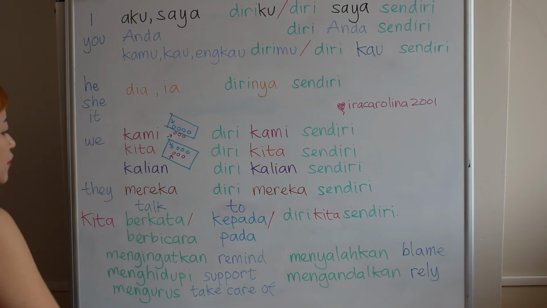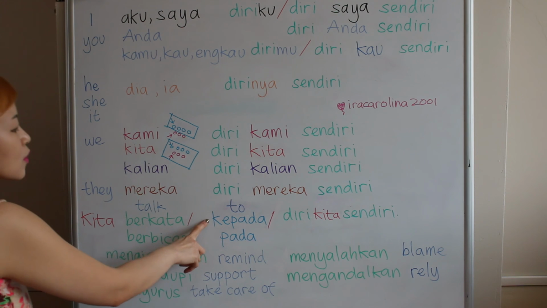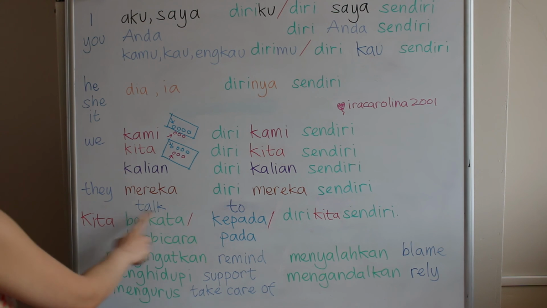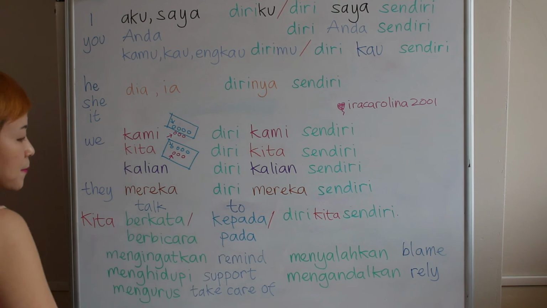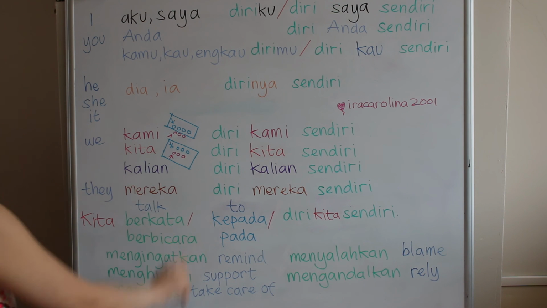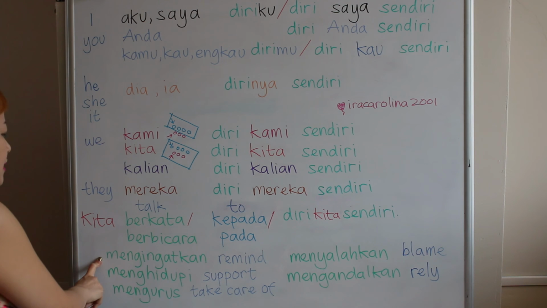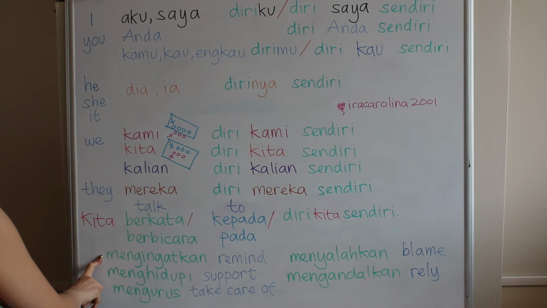And with this one, we also have to put the to. Kepada or pada. Berkata kepada, talk to, berkata pada, it's same. Kepada or pada is to. Mengingatkan, remind, I will say it slowly. Mengingatkan, remind.